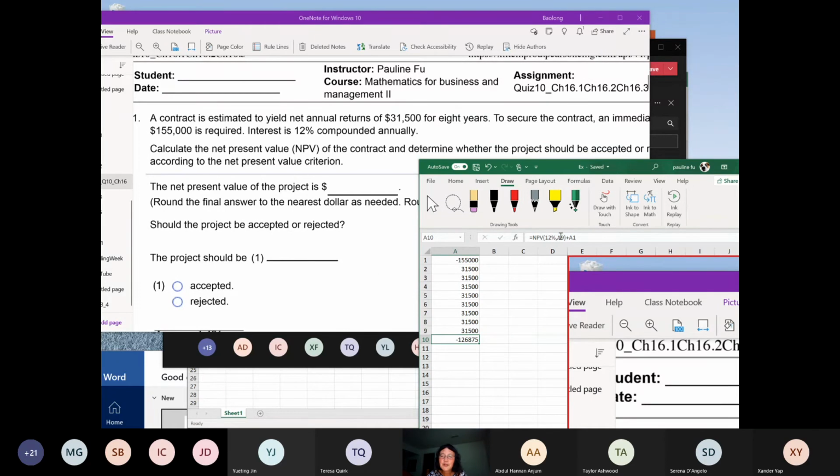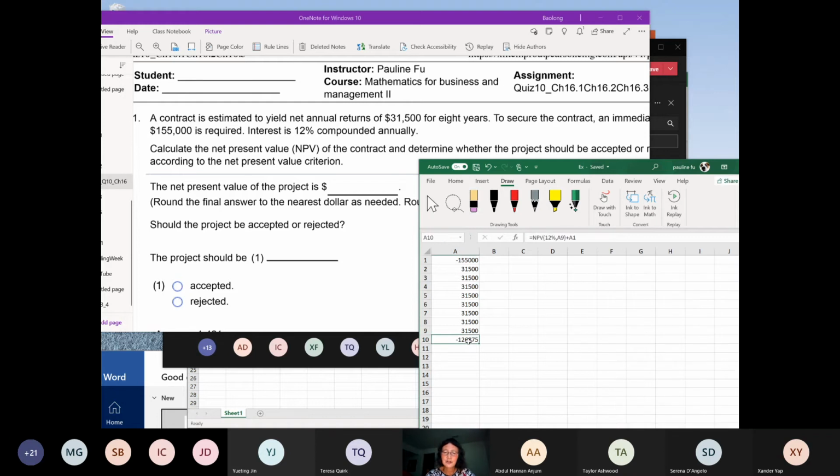Oh, this formula is wrong. Should be from A2 to A9. Oops. I re-enter the formula. Should be NPV, rate is 12%, comma, and then A2 to A9, closing bracket, plus A1. Okay, so this is the correct number. Okay, 1,401. This is the formula here.